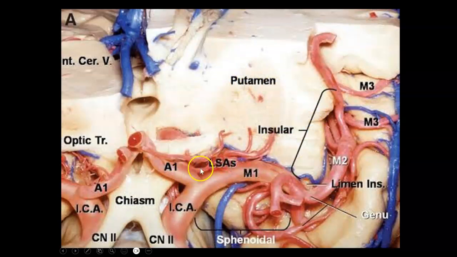Another view, M1, then it is forming the genu and the M2. You find most of the perforators arising from the M1 segment. However, some arise from the M2 segment, some perforators, and from the bifurcation.